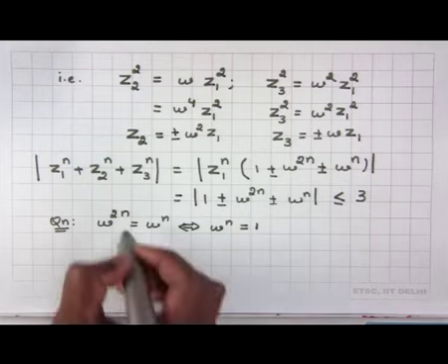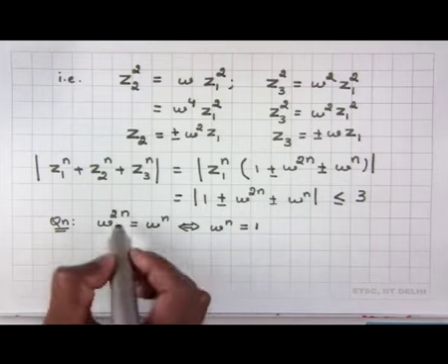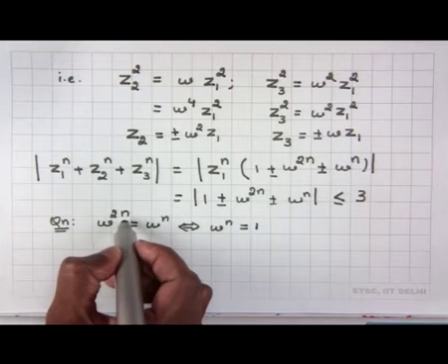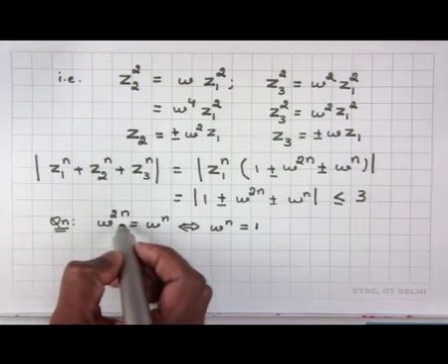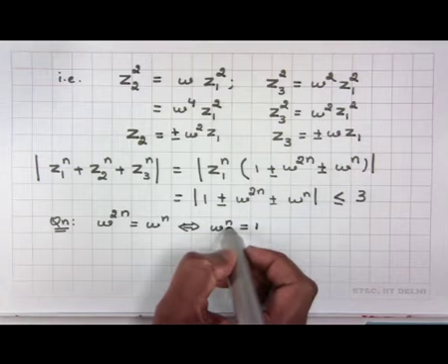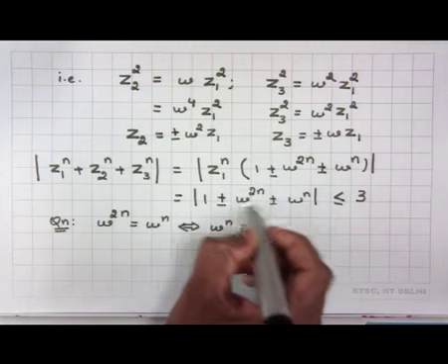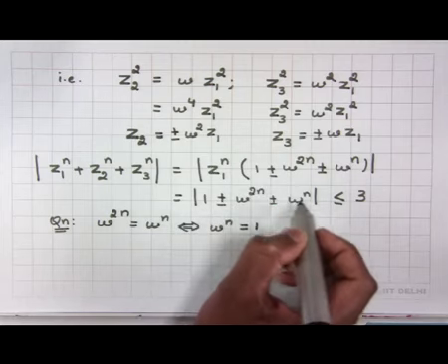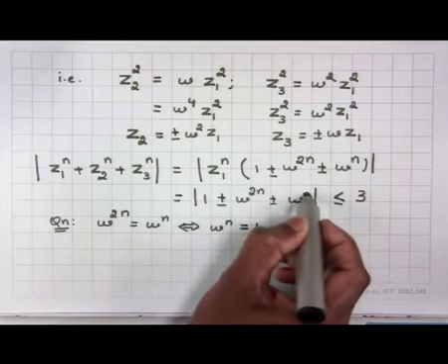So, if I take n as integer values 2, 3 and so on, when n is a multiple of 3, you get the same value, 1, for both omega power 2n and omega power n.